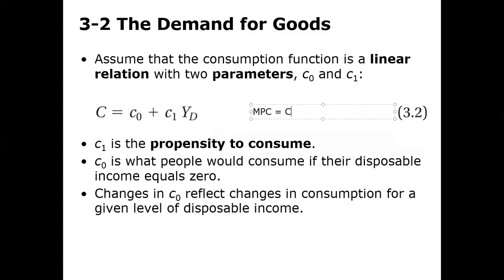It is my tendency, the change of consumption with respect to the change of my disposable income, and this is what we call C1. So the MPC is the slope, assuming this equation is linear, and we give it C1 in this equation.